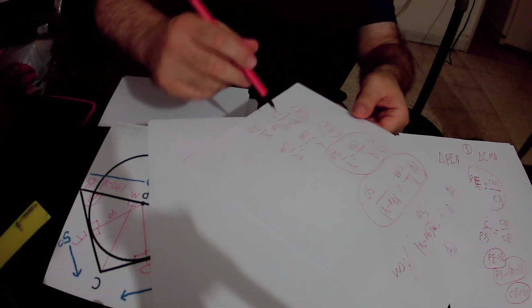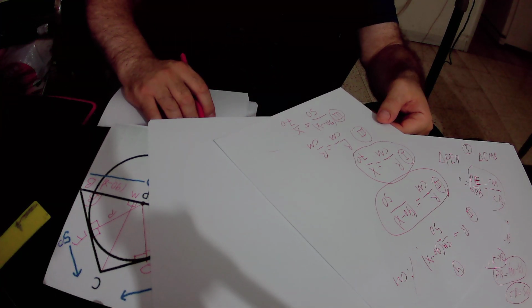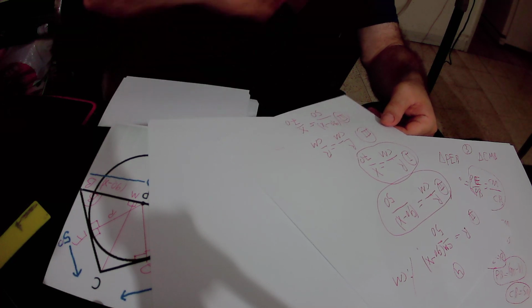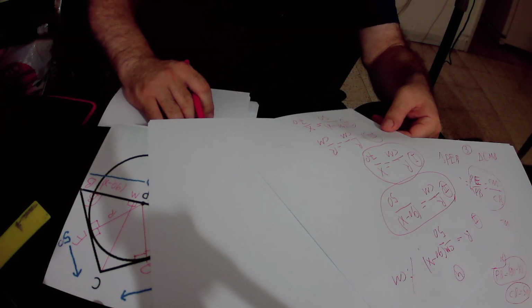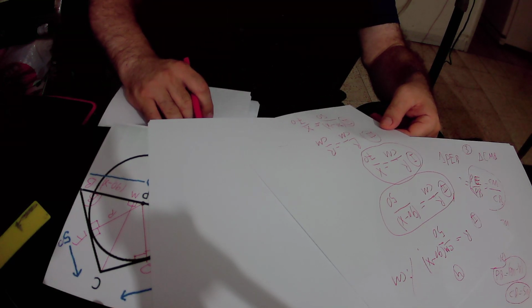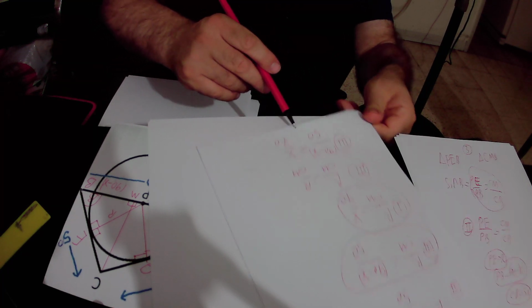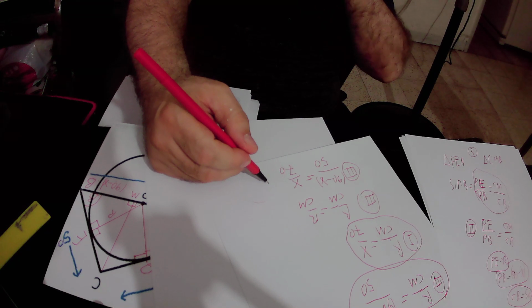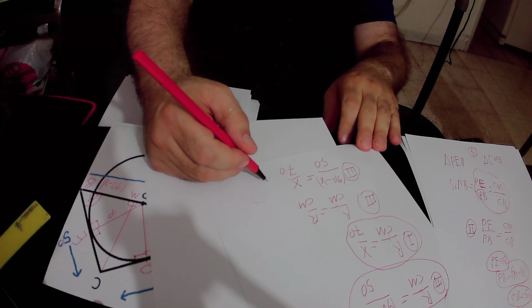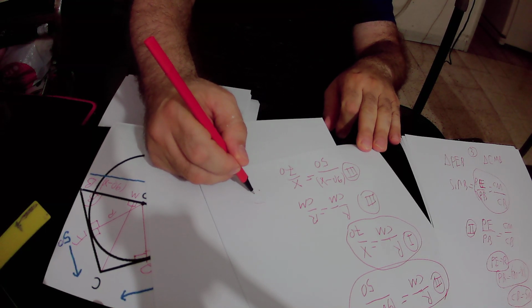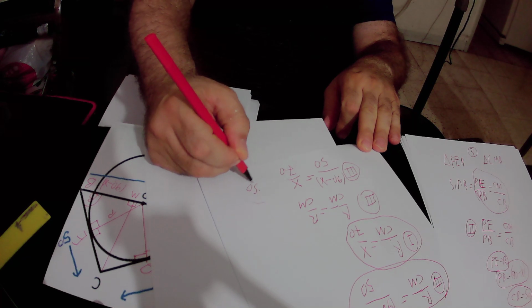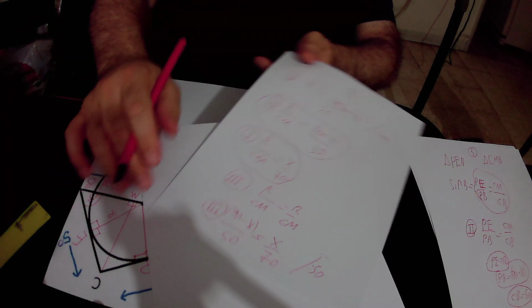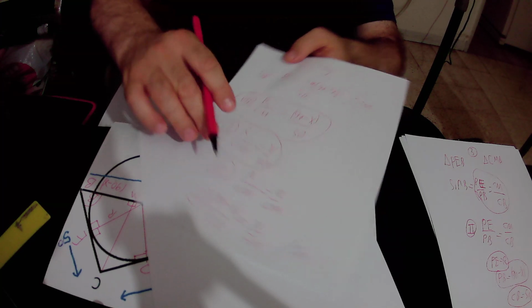So here we can multiply both sides of the equation by 50.